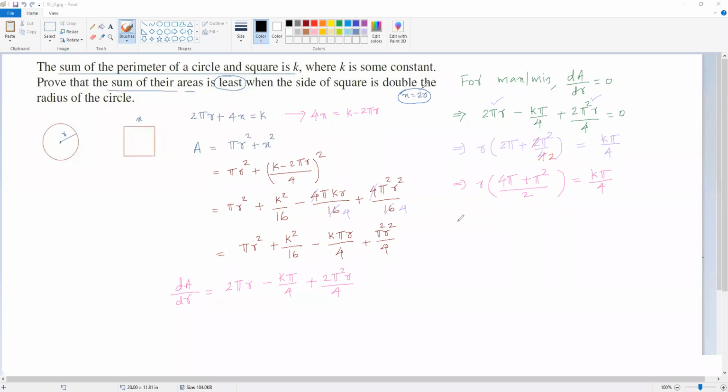So in other words, that implies r is equal to 2k pi divided by 4 into, in bracket, 4 pi plus pi square.